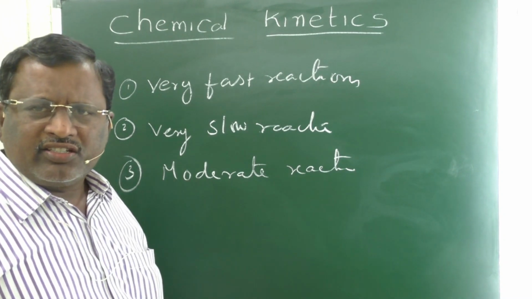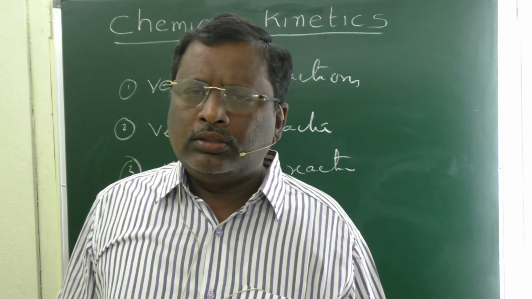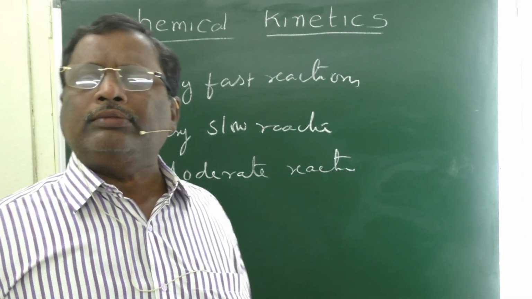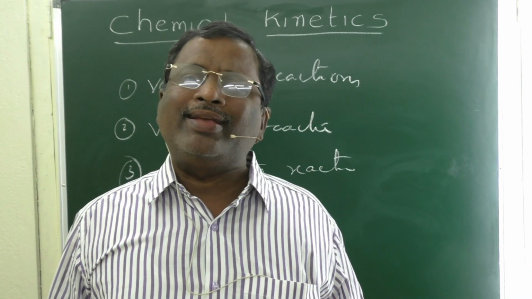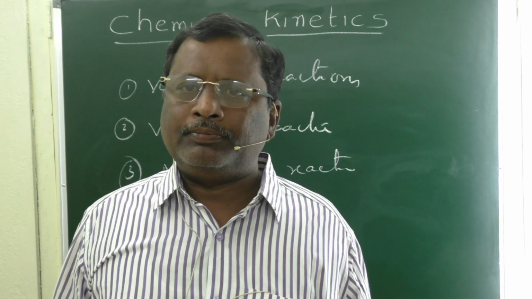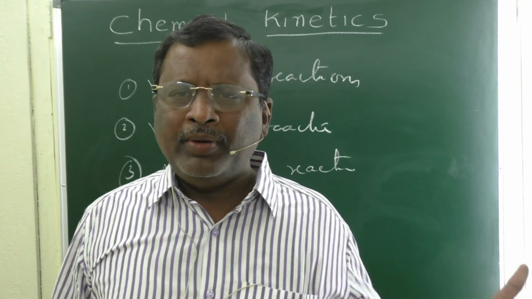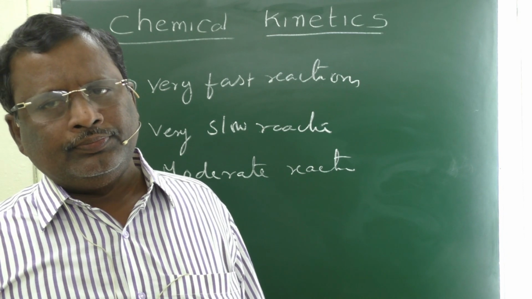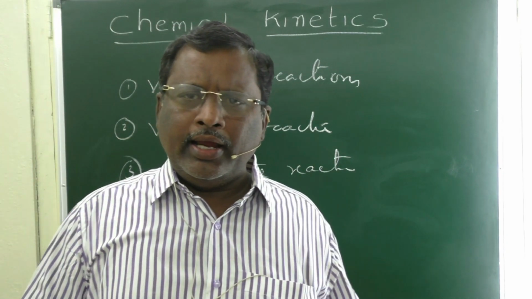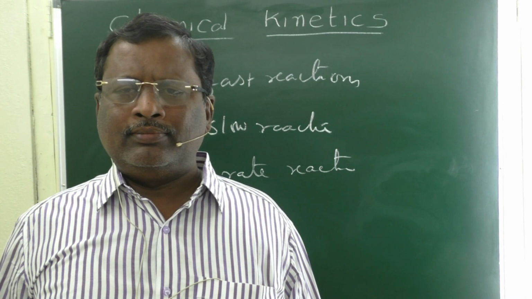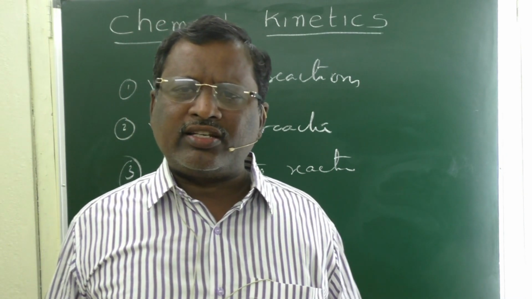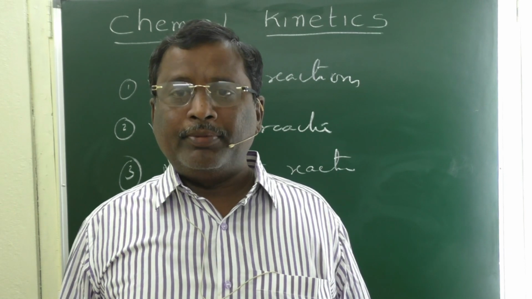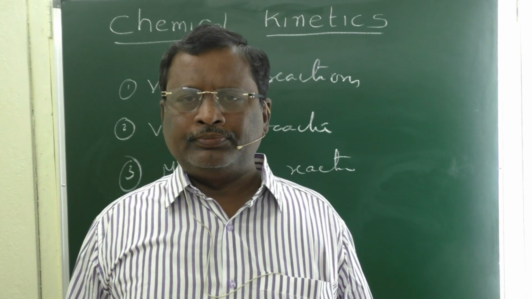Very fast reaction, just now we discussed the reaction that takes place in the airbags of automobiles. Sodium azide, just with a spark, is completed within milliseconds. Similarly, when an acid is added to a base, the reaction is completed in a fraction of a second. Similarly, precipitation reactions.